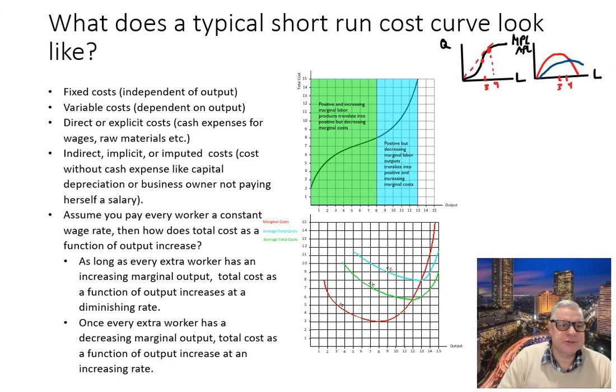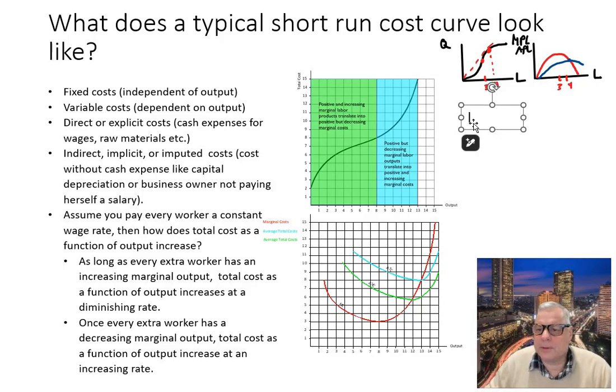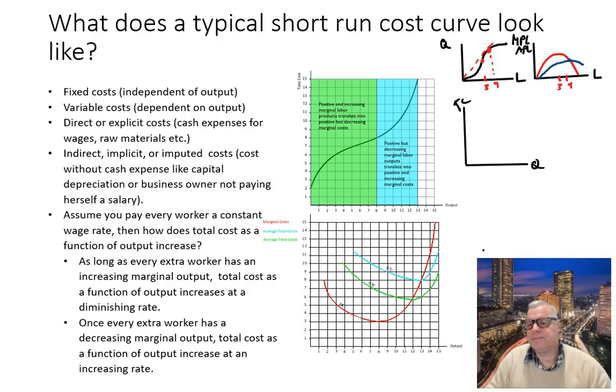When it comes to the cost function, what we now do next is convert our output Q into total cost, TC. And you see here we have the fixed cost.